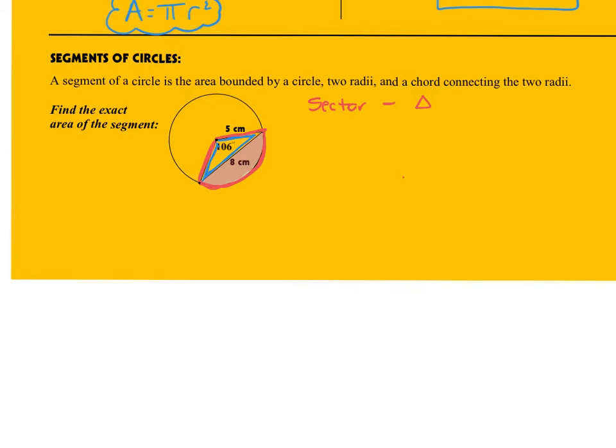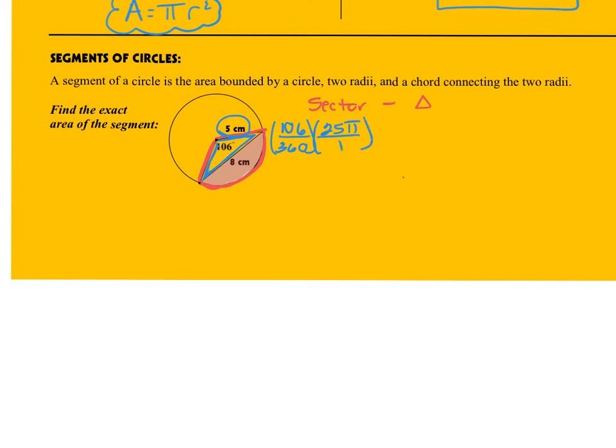This is going to allow us to review some of our earlier stuff. So our sector in this case is going to be, now this one I'm going to write out a little differently. I'm going to use this one as the definition so you can see it the other way. The portion of the circle, 106 out of 360, times the area of the circle. The radius is 5, so I'm going to fill in a nice 25 pi here.